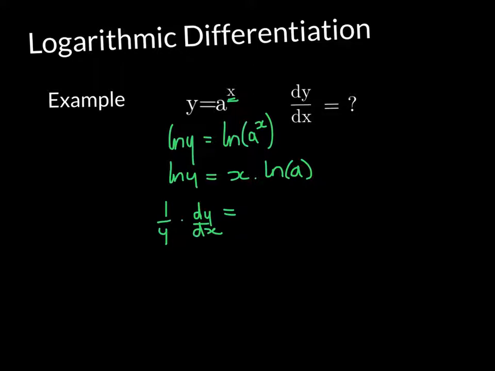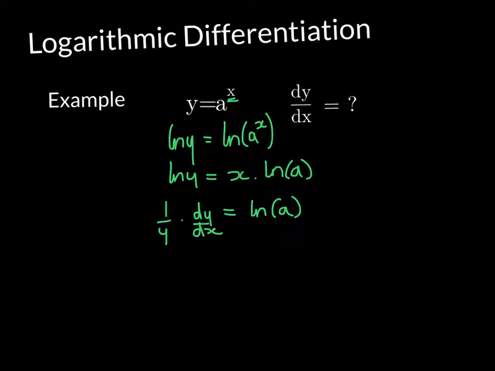Then on the right hand side, we differentiate with respect to x, but the natural log of a will just be some arbitrary number, so it can be considered a constant. So if we differentiate that with respect to x, we just have the natural log of a.